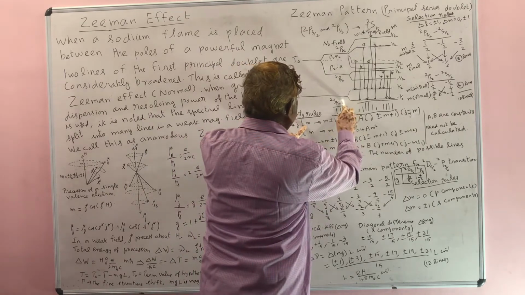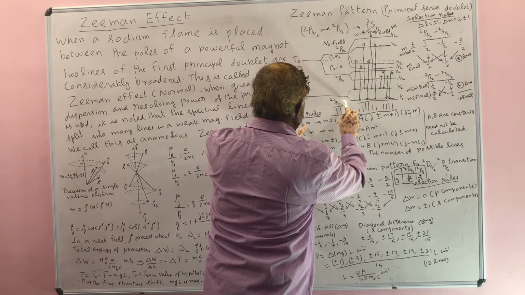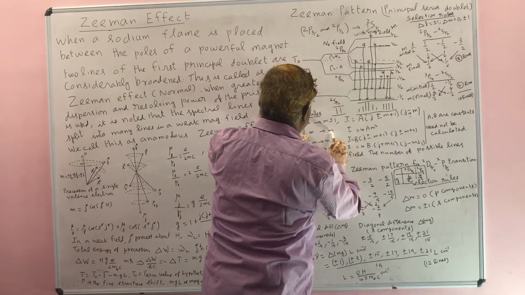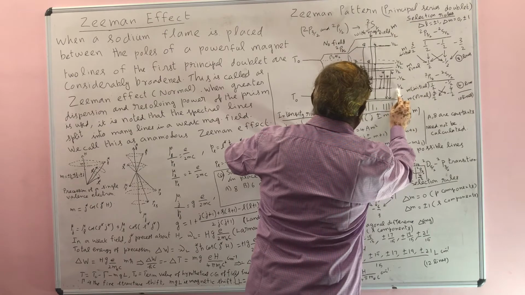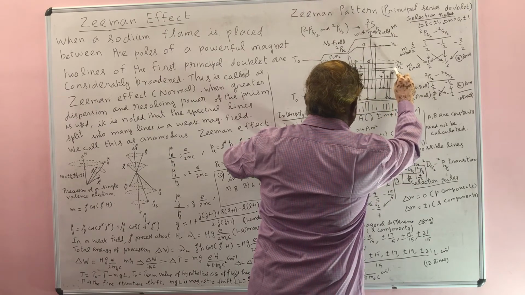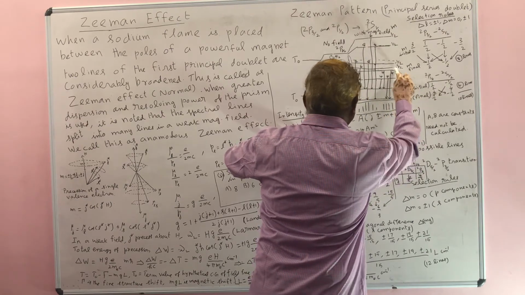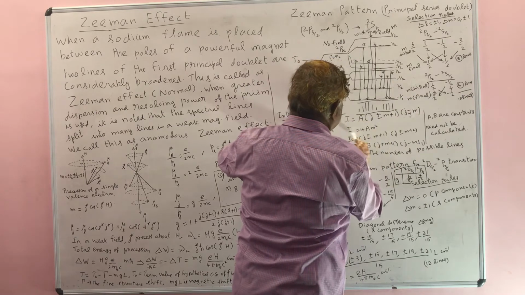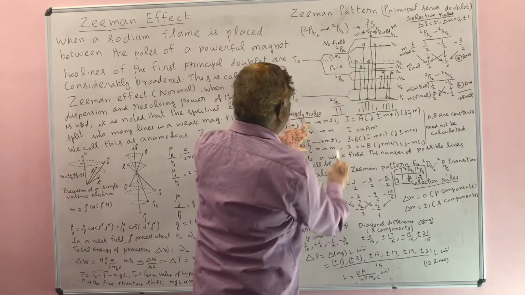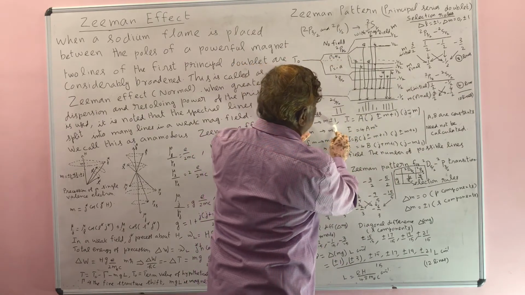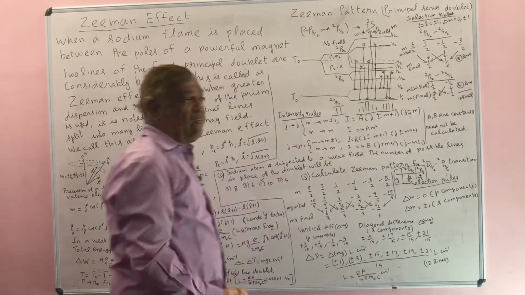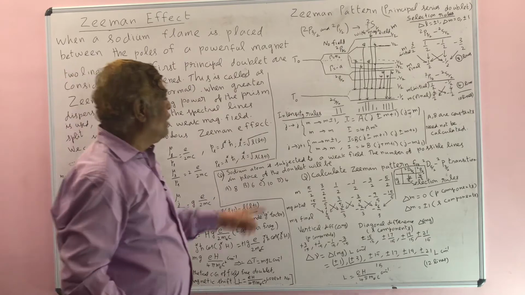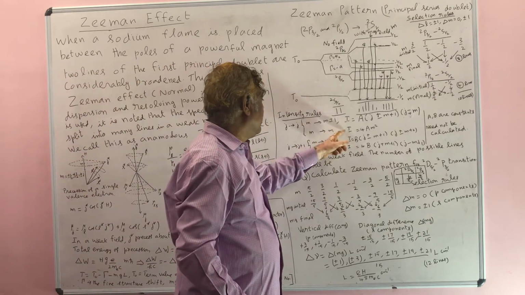Suppose we take this line, M equal to half, M to M. Then you have to use this expression. Or for M to M plus or minus 1, you have to use that expression. So by choosing the values of J and M, the intensity of the lines can be calculated.